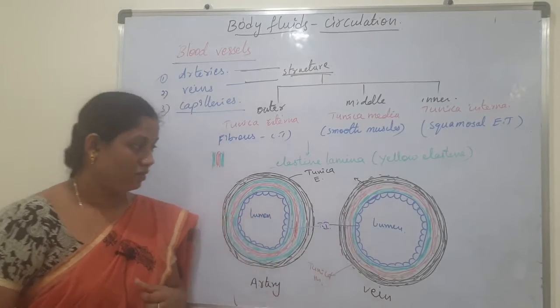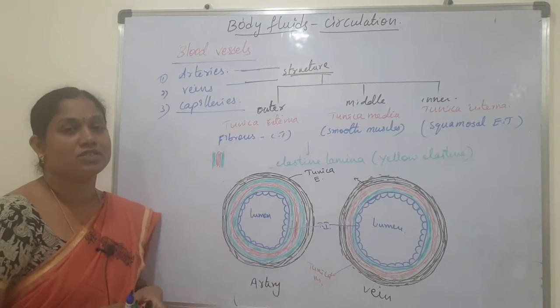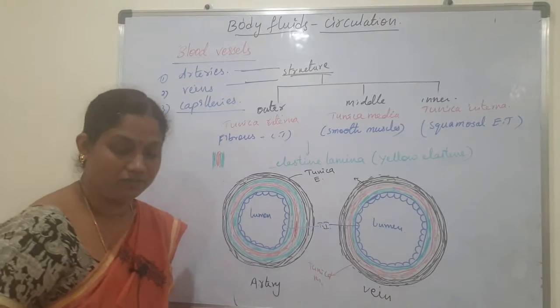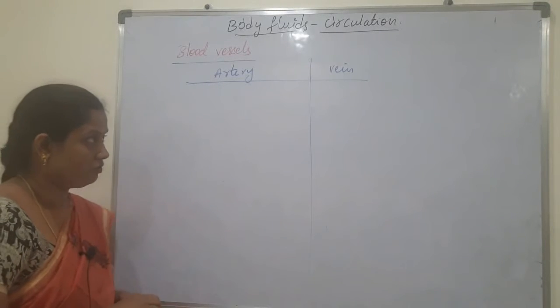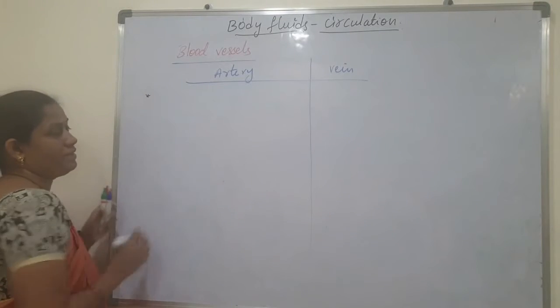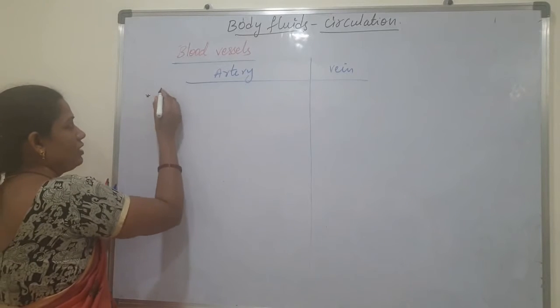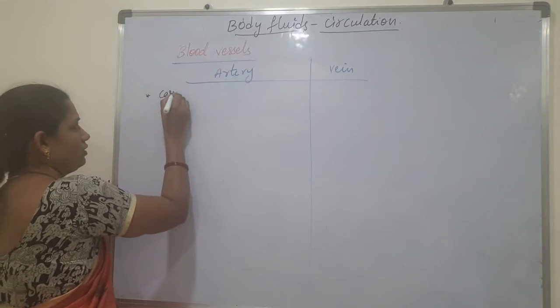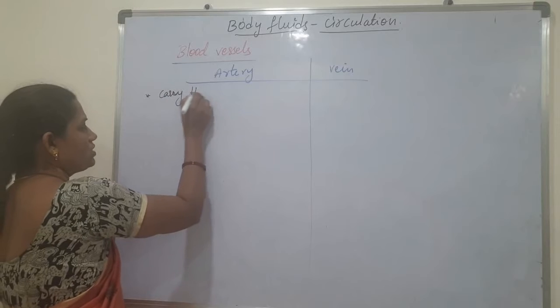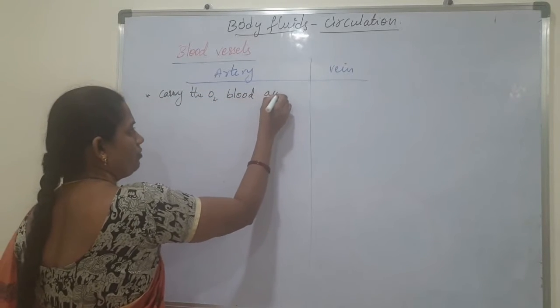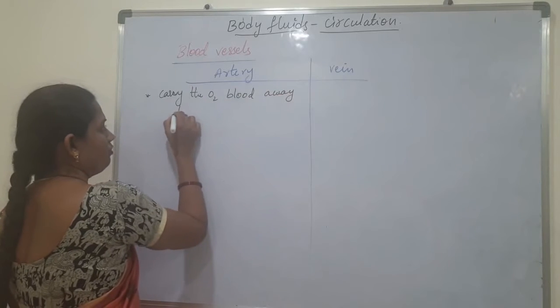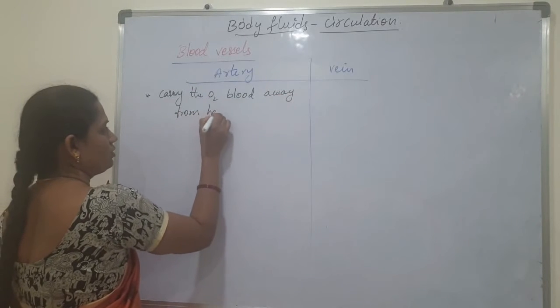Okay, next we will see the differences between artery and vein. First point: the artery carries oxygenated blood away from the heart.